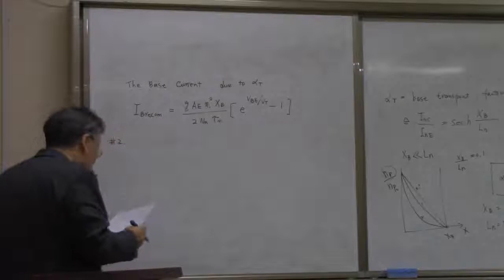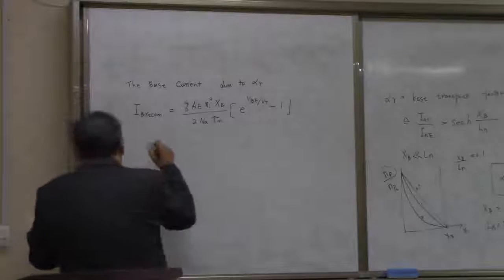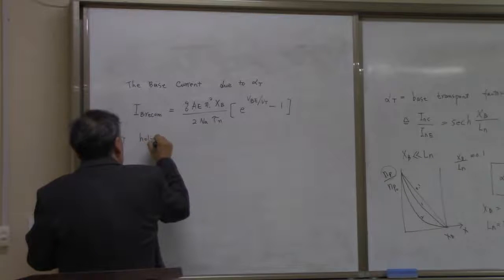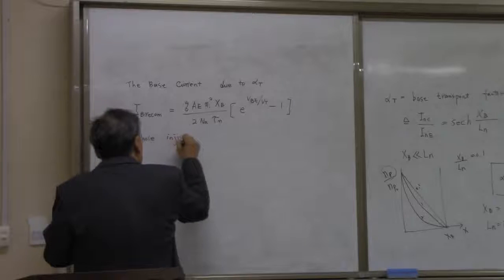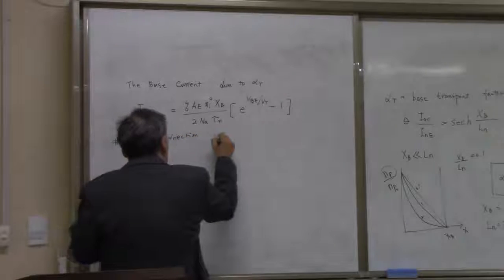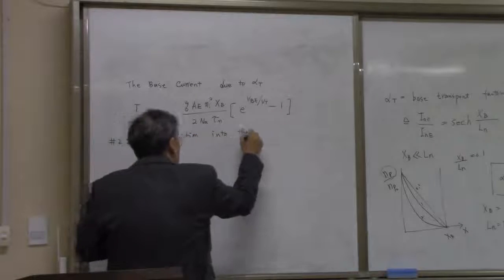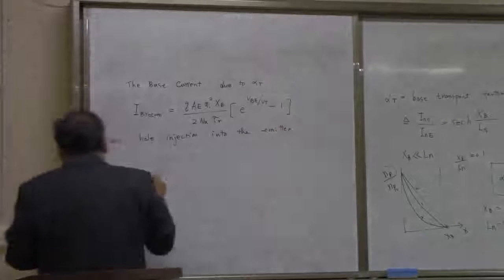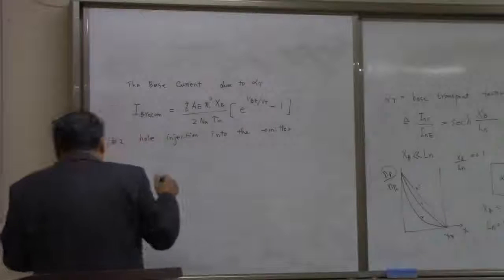Now, the second term that we have discussed is the hole injection into the emitter. And then we have two situations here.